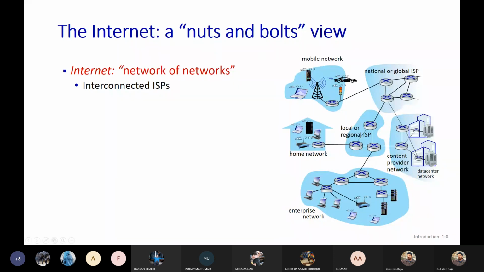Look at this. These are the connected networks, these different blue color islands. A little while ago I told you that the internet is not owned by a single person, single company, or single organization. In fact, there is a set of companies and organizations which own the internet, and the different networks you are seeing here are owned by different organizations.